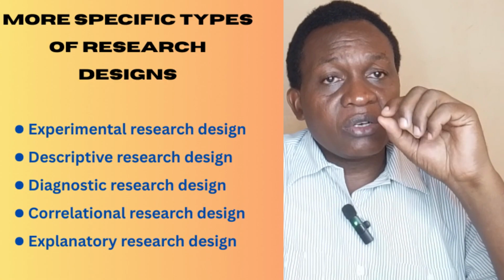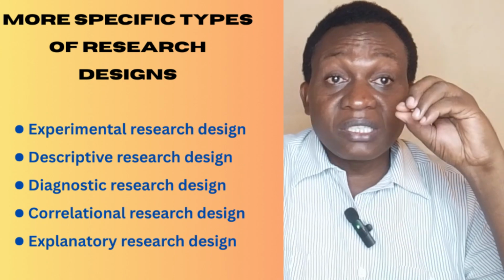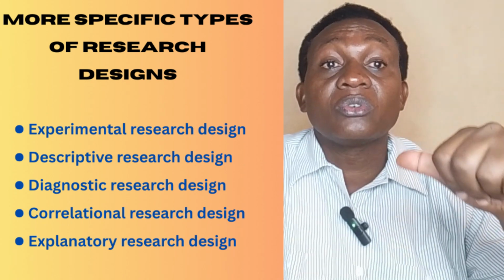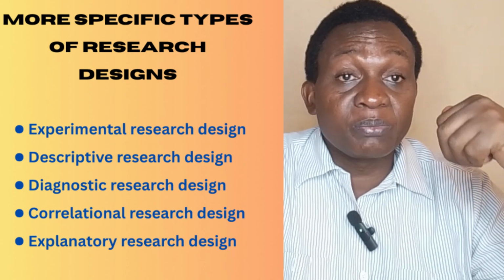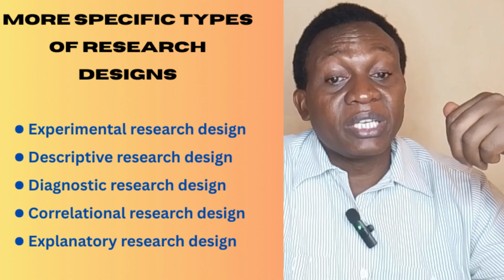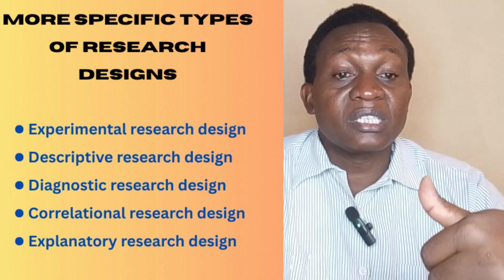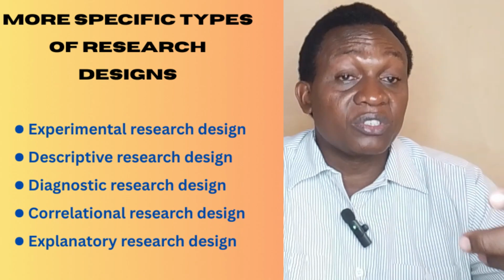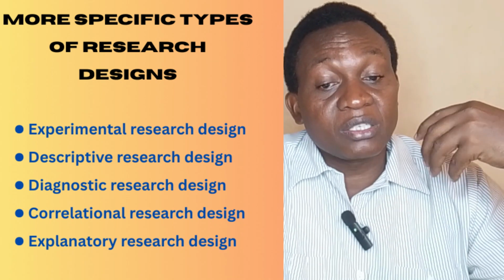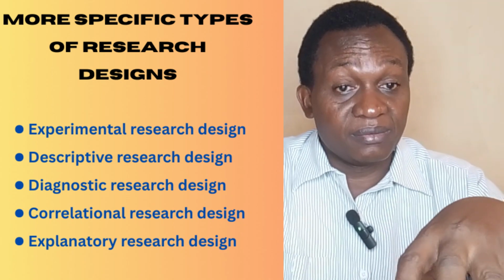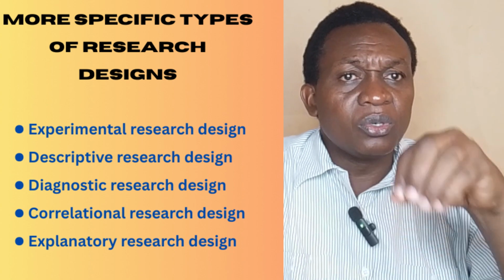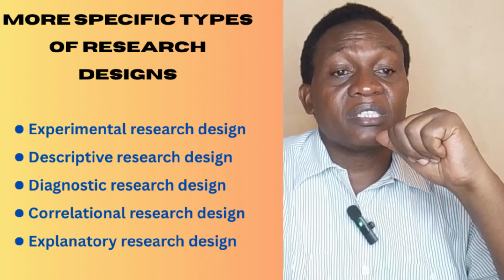So, my viewer, among the specific research designs we can include, we have experimental research design, descriptive research design, diagnostic research design, correlation research design, explanatory research design, and others. Let's start with experimental research design.